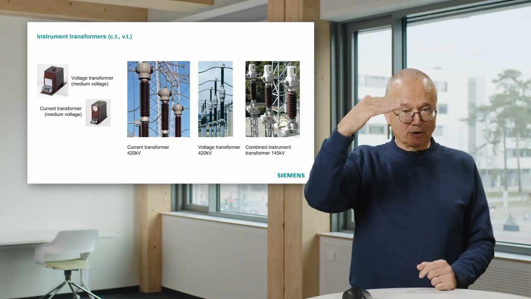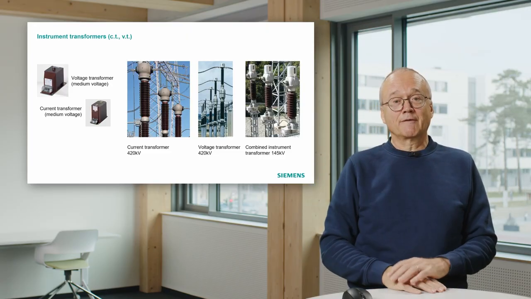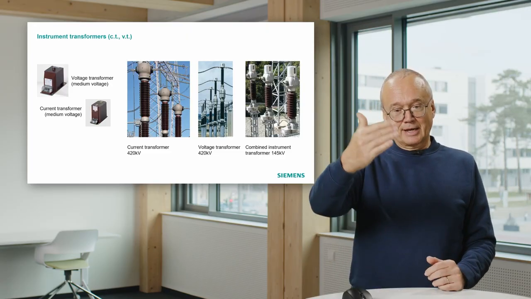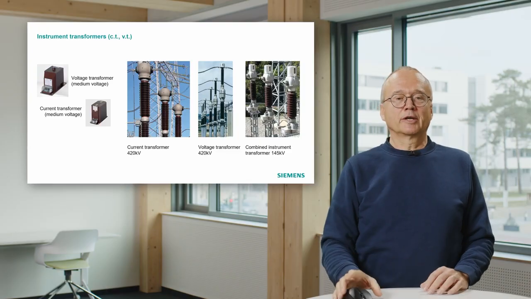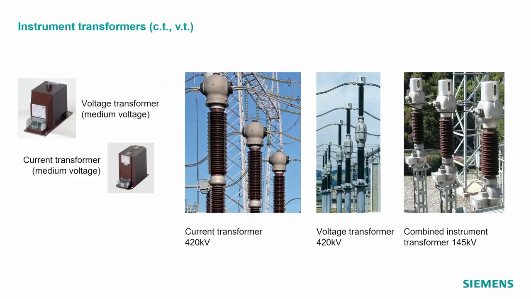Because we have to measure a voltage on a 400 kV level and need insulation for 400 kV. You see a current transformer for 400 kV. The current flow is here through the top of this thing. We also see a voltage transformer where the voltage is connected and our protection relay is connected somewhere down there.